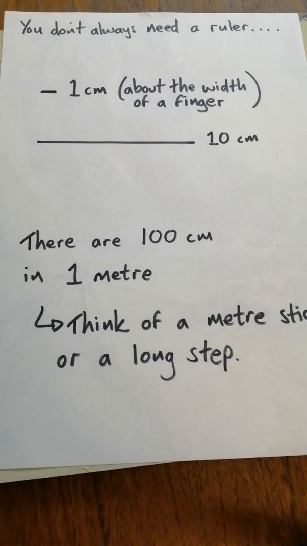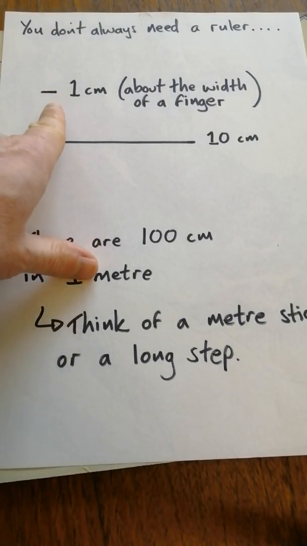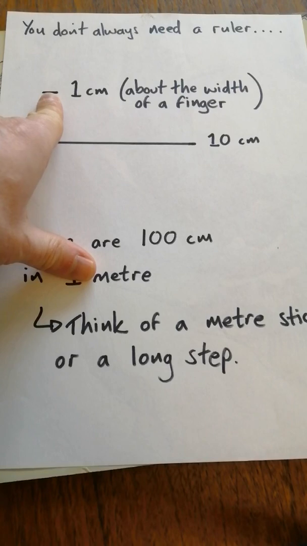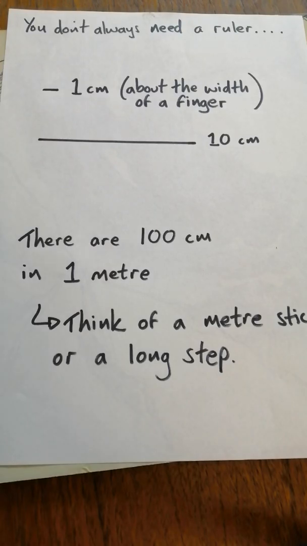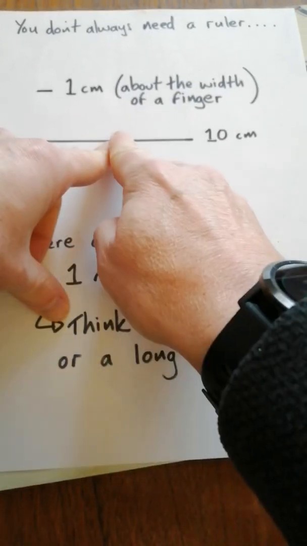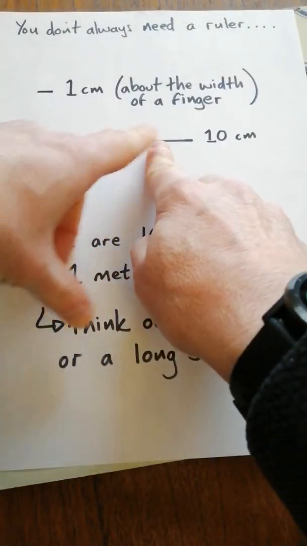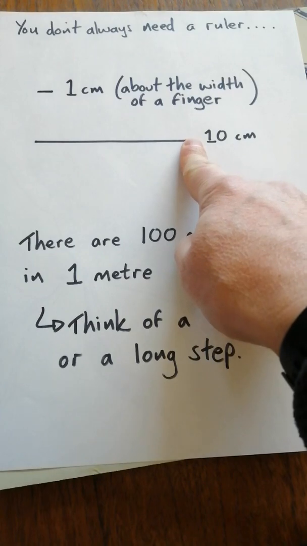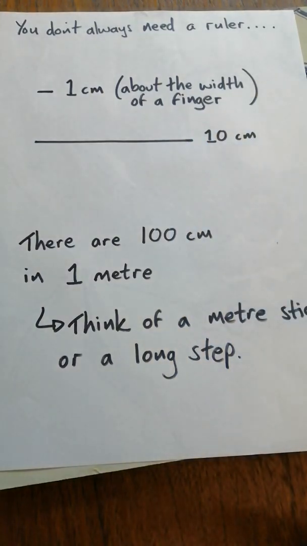I've said here that 1 centimetre is about the width of your finger. Okay, so if you don't have a ruler, you can remember that 1 centimetre is about the width of your finger. So 10 centimetres, then that would be 1, 2, 3, 4, 5, 6, 7, 8, 9. About 10 finger widths. It doesn't have to be exact, it's just to give you an idea.